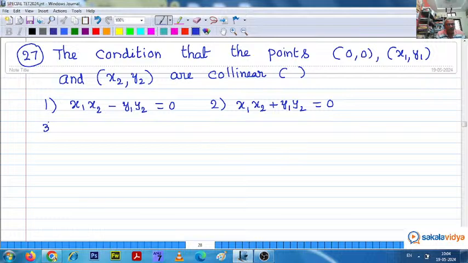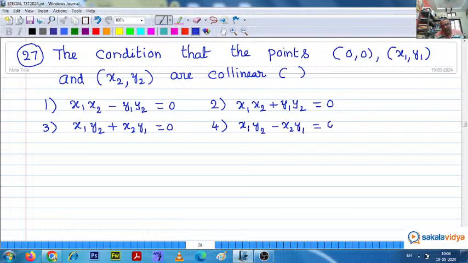Third option x1, y2 plus x2, y1 is equal to 0. Fourth option x1, y2 minus x2, y1 is equal to 0.